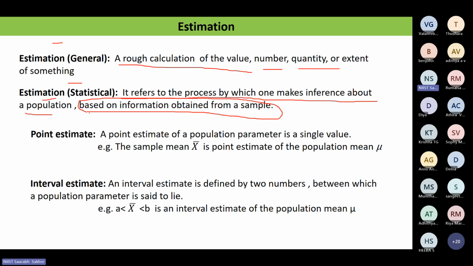So here we will be making some inference out of it. I hope the definition of estimation is clear to you. Statistical estimation refers to the process by which one makes inference about a population based on some information from a sample. Now estimates are of two types.